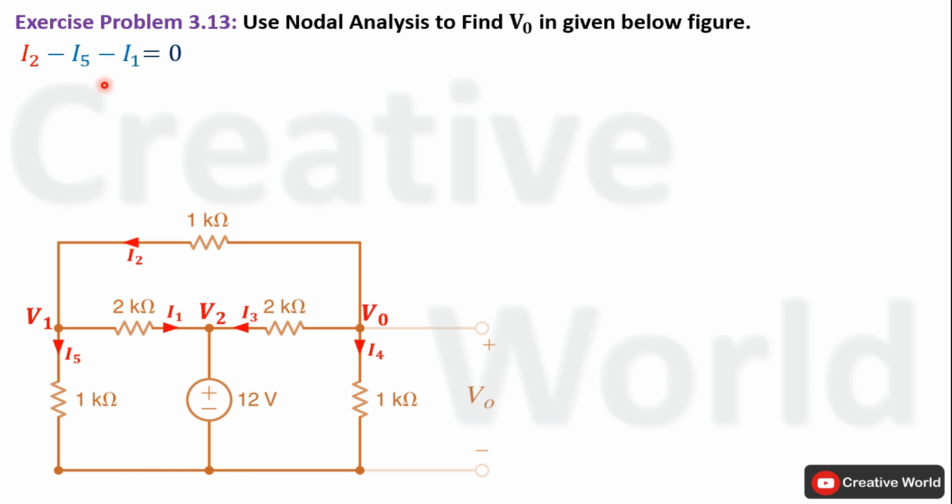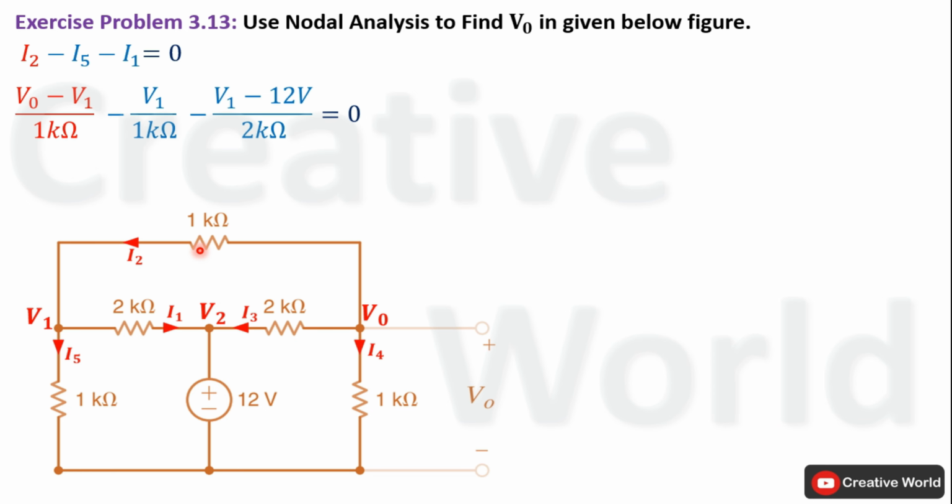In the next step, we have to replace all these 3 currents with their respective equations. Current I2 will be equal to V0 minus V1 divided by 1 kilo ohm. Here this resistance is connected between 2 non-reference nodes and the current through this resistance is labeled as I2.